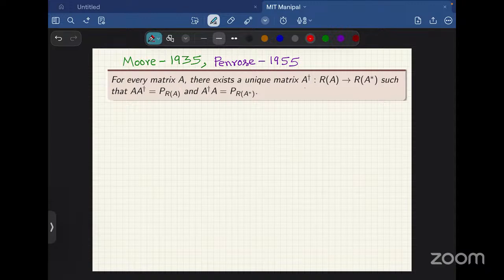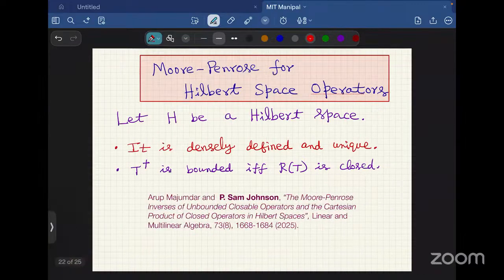For any matrix, A dagger always goes from the range of A to the range of A star. Therefore, you get two projections, one on the range of A and one on the range of A star. So this definition is helpful to define the Moore-Penrose inverse of a bounded operator between two Hilbert spaces. For my convenience, I'm restricting my operator T from H to H, where H is any Hilbert space.